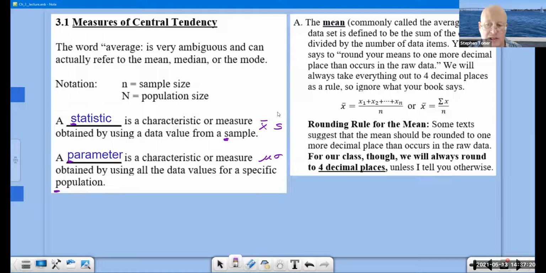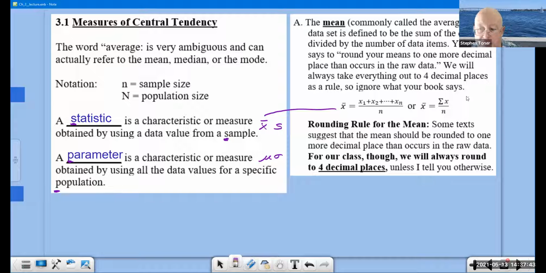Now, I've just introduced to you this notation, which again we call x bar, and it says we add up our different x values. The subscripts here stand for the first x value, the second x value, all the way up to the nth x value, divided by all n numbers. We add up those values.